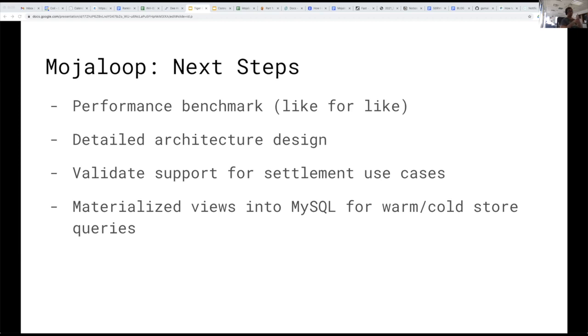So, what are the use cases for the settlement management side of things? When settlement executes, what does that mean?